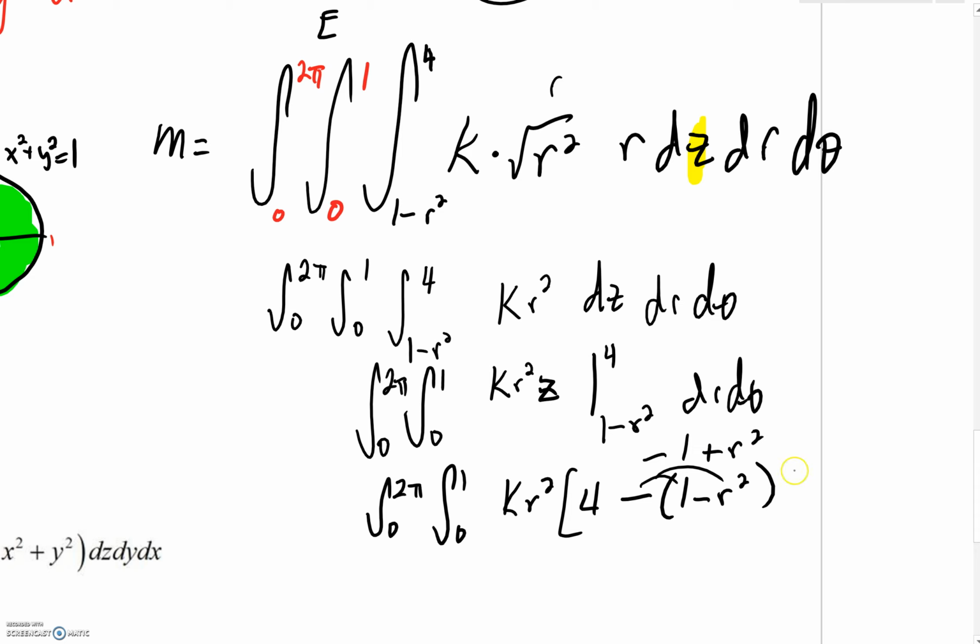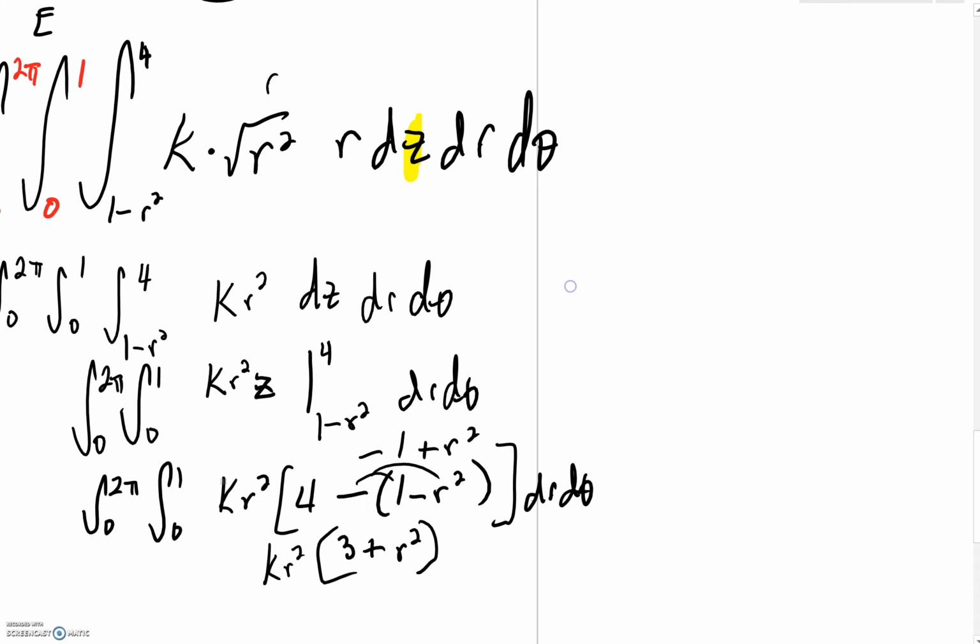So this whole big expression inside is going to become a 3 plus R squared, right? And then, of course, you'll have your K R squared out in front. So I'm going to continue this work up here.